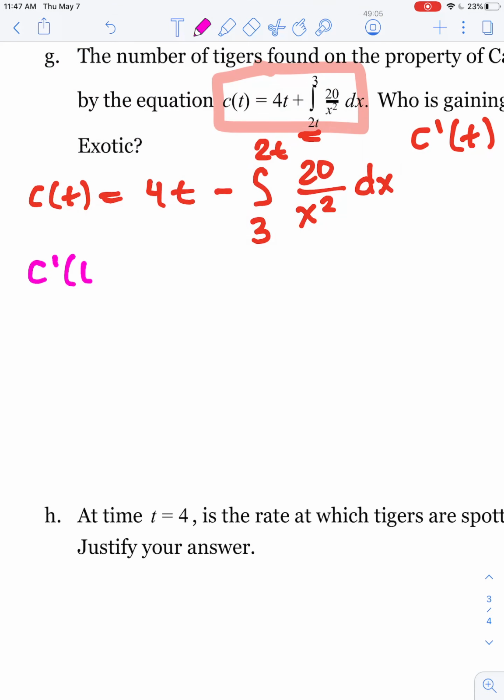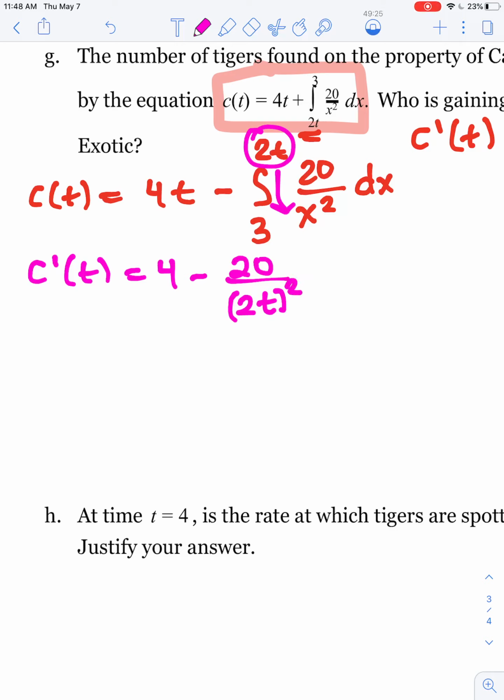So when I differentiate, I get c prime of t equals 4, and then utilizing the fundamental theorem of calculus, I need to plug in my upper bound. So I'll get minus 20 over 2t squared, and then we have to remember the chain rule.